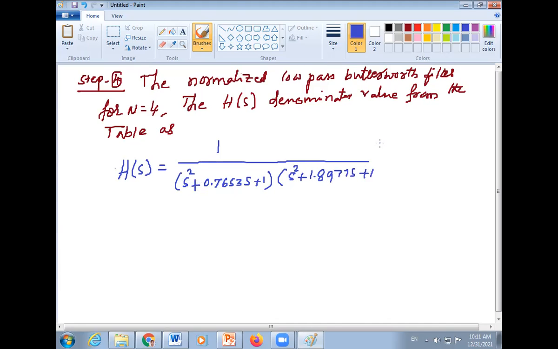So this is what we have taken from the table, which we discussed in yesterday's lecture, for n equals 4.